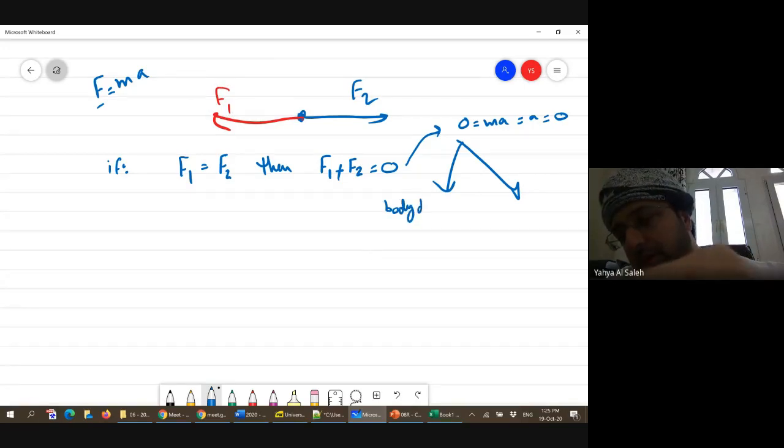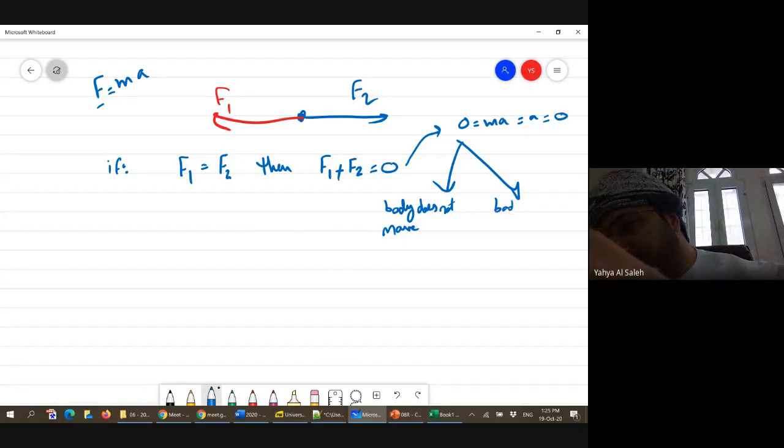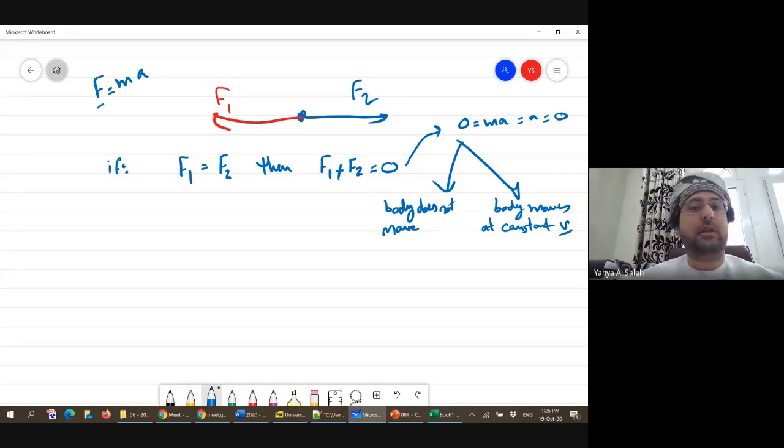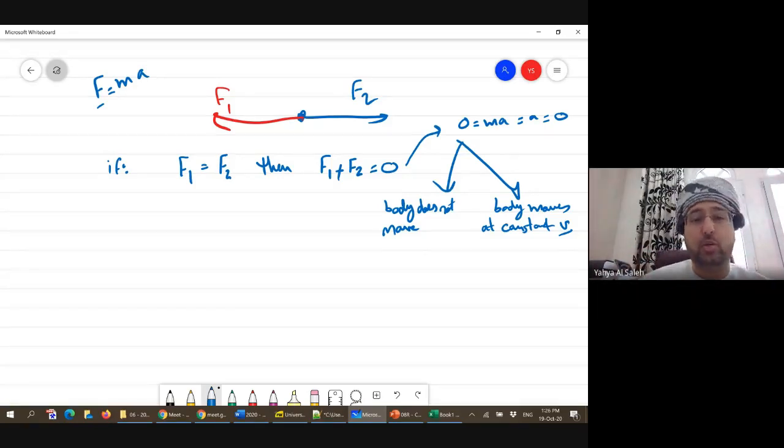Body does not move, or body moves at constant velocity. That does not mean that it's not moving. If it's not moving, then acceleration 0 means it will not move. If it's already moving, then acceleration 0 means it will continue moving at whatever velocity it was at.